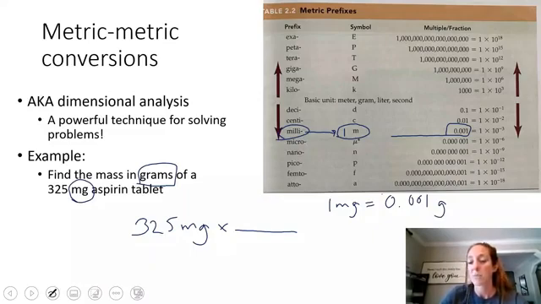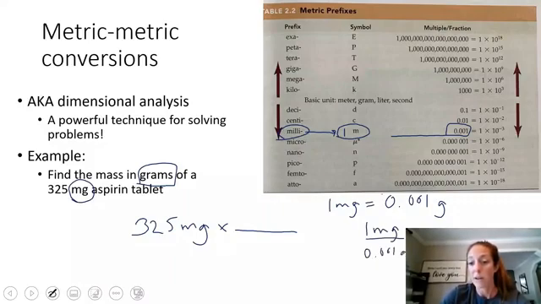Now, what we said in the previous slide is I can write that conversion factor as a fraction. I can write 1 mg over 0.001 grams, or I can say 0.001 grams over 1 milligram.